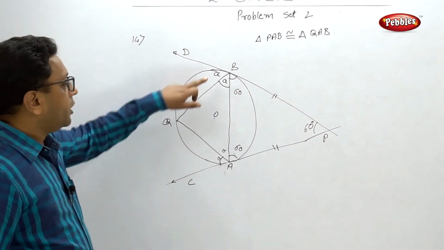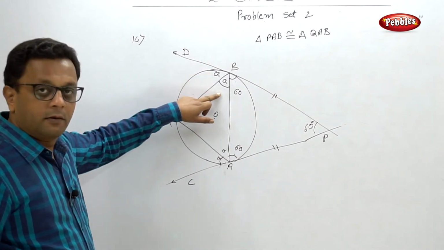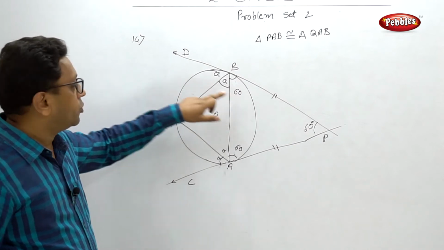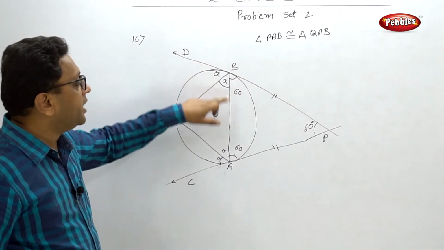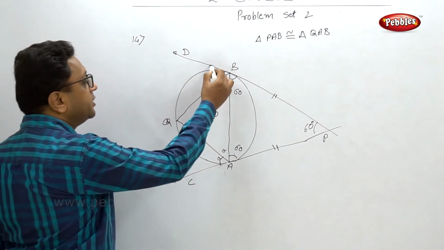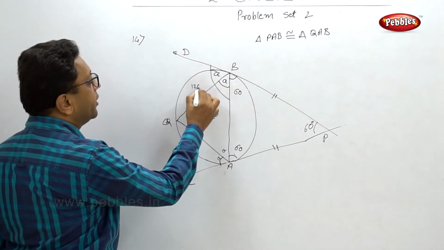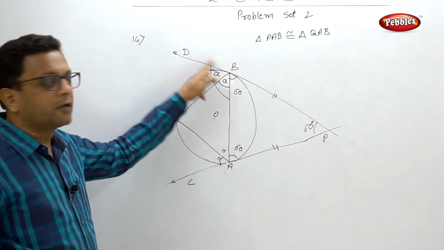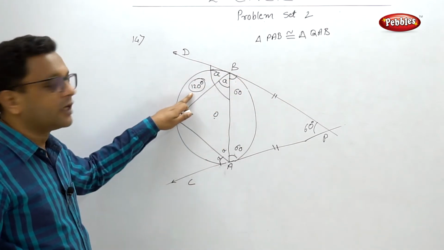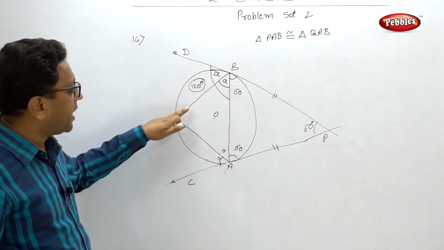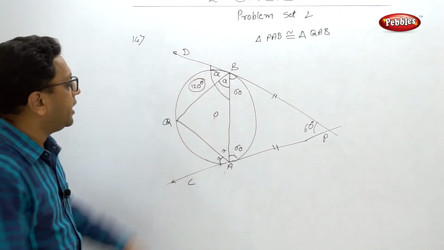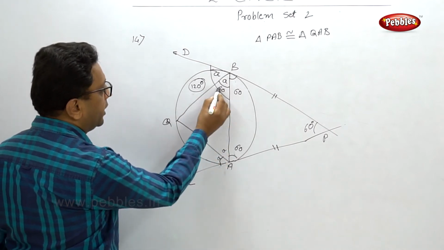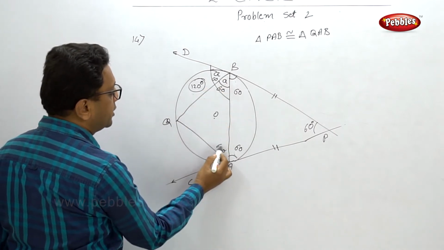Now, if this is angle 2A, this is the exterior angle of this triangle. So this complete angle is 120 degrees, because these are the angles in linear pair. If this is 60, this is 120. And since this is the angle bisector, both the angles are A, these are also 60 degrees, and hence all the angles are 60 degrees.